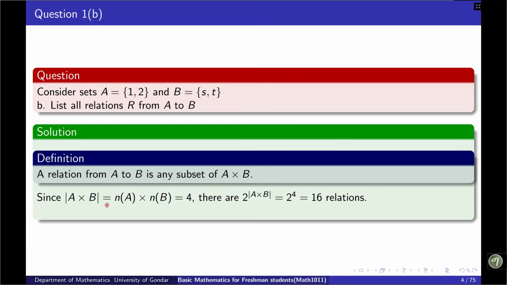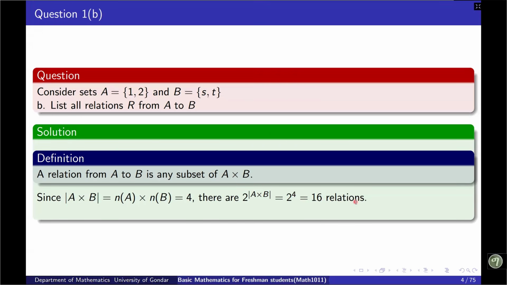Therefore, the number of relations that can be constructed from set A into set B is as follows. Since the cardinality of A cross B is equal to the number of elements of A times the number of elements of B, we have 4. Therefore, the possible subsets of A cross B, each of which can be considered as a relation from A into B, number 2 to the power of the number of elements of their cross product, which is 2 to the power of 4, which is 16 relations.